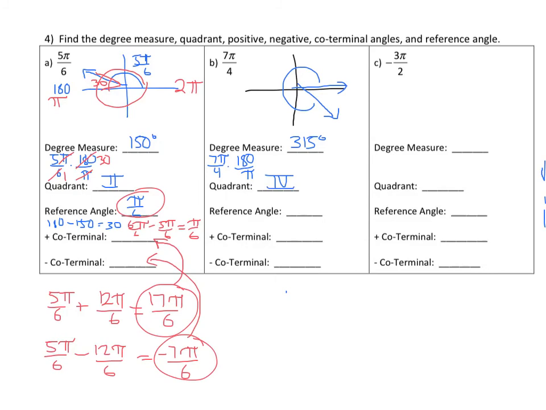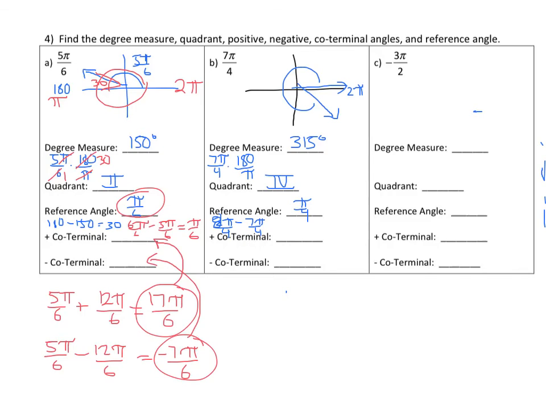The reference angle, the full circle is 2 pi, if we do 2 pi minus 7 pi over 4, to get common denominators, I would want to do 8 pi over 4 minus 7 pi over 4, and I get pi over 4 for the reference angle.